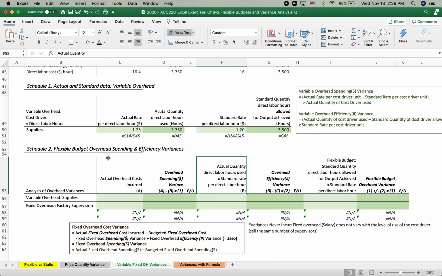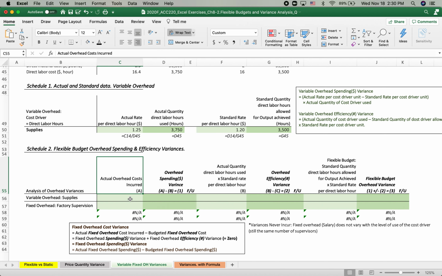There is no efficiency variance, because fixed overhead, for example salary, does not vary with the level of use of the cost driver; there is still the same number of supervisors that can be used in production. So we do not count overhead efficiency any longer.